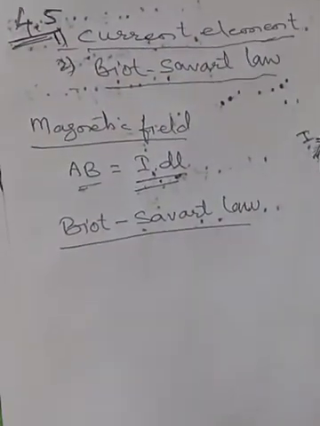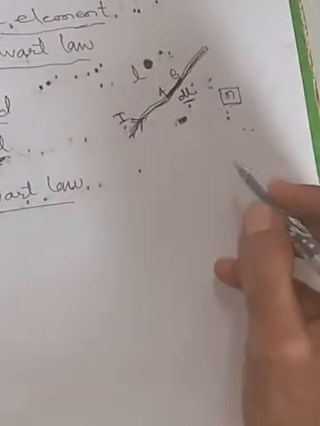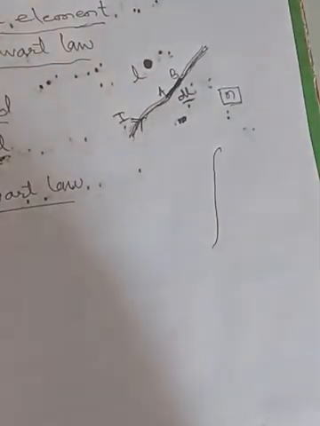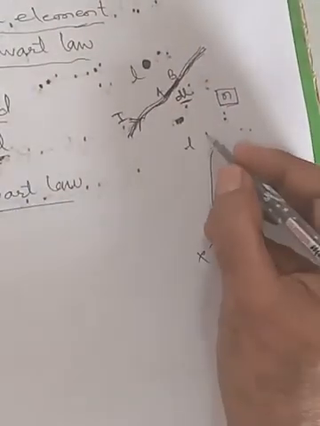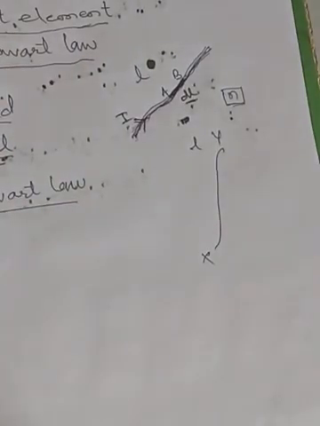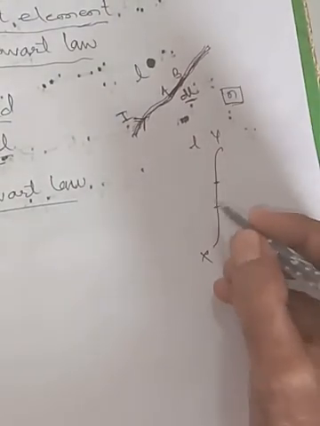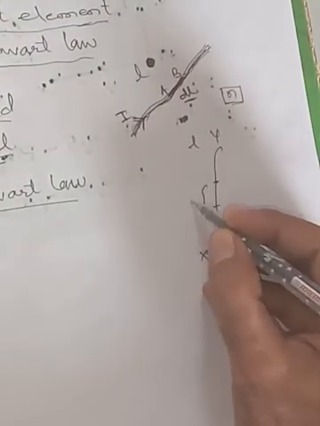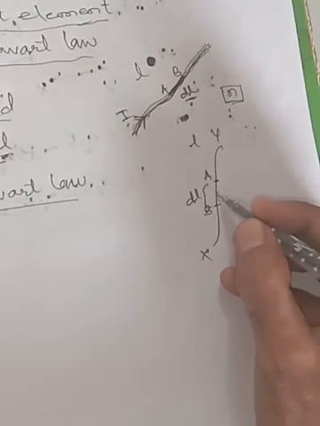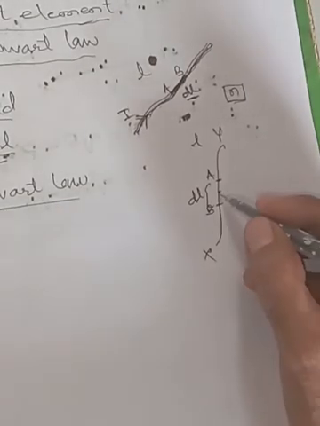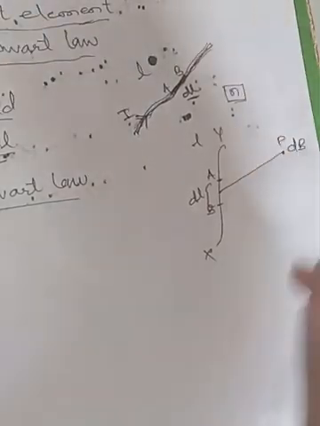Suppose there is a length of wire L, given by XY, and there is a small current element AB whose length is dl, and from the center of the current element, at this particular point P, we have to calculate the magnetic field.